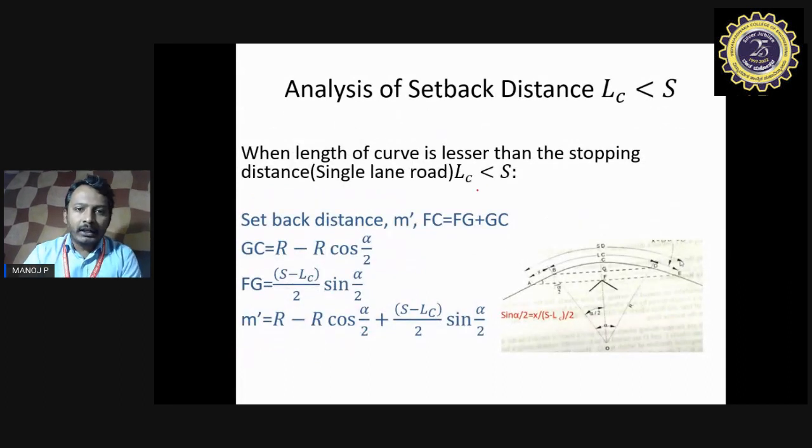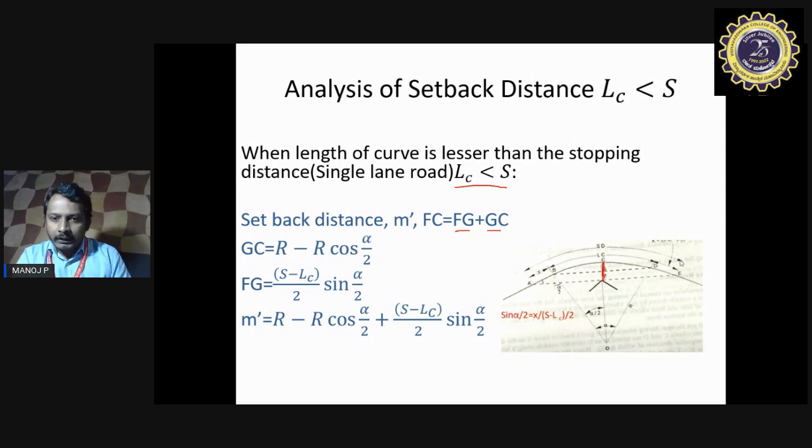Next is when the length of the curve is less than S. When the length of the curve is lesser than the stopping sight distance, M dash is equal to FC. This is the setback distance from the inner curve. Here we will calculate FG and GC separately.